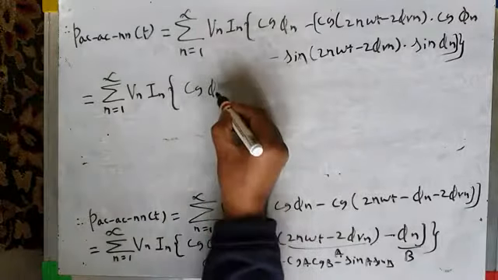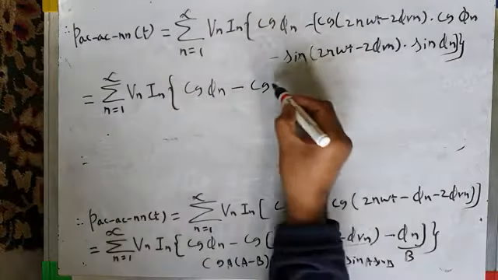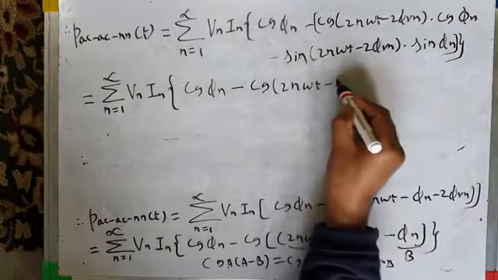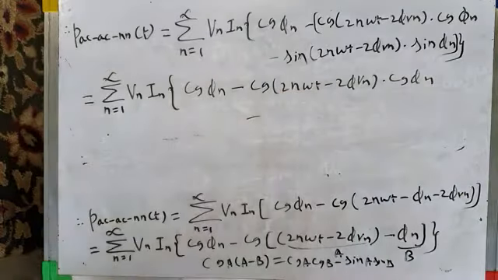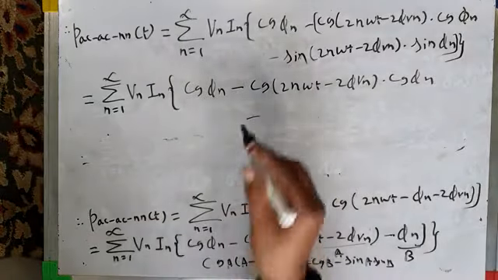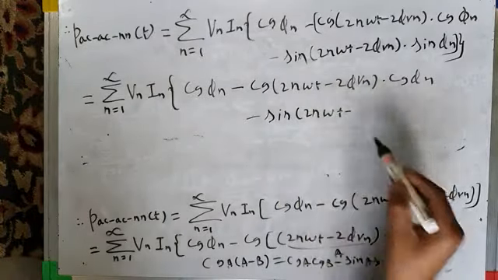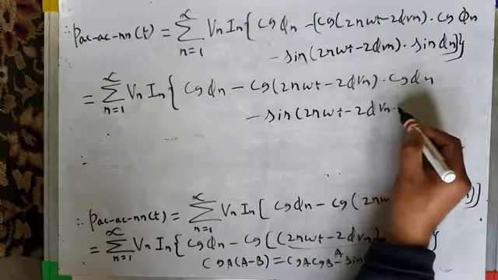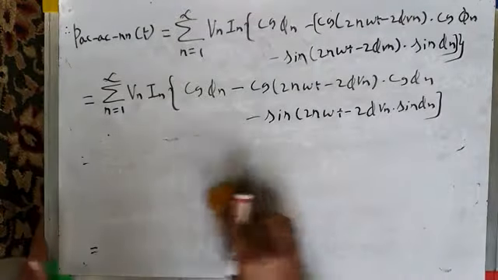If I do, let me first of all write it like this: cos phi n minus cos times 2n omega t minus 2 phi Vn into cos phi n minus it is minus sine of 2n omega t minus 2 phi Vn into sine phi n. Okay, so let us do one thing. Let us take this cos phi n common.